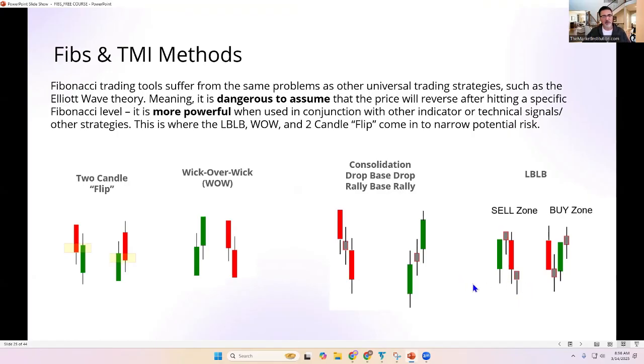When we are looking for that place to have that accurate measurement, you may need to adjust the time frame down. Here we have the 2 candle flip. We have wick over wick areas, a drop base drop or rally base rally. But if you look inside of each one of those variations, you'll find that they have the leg base group of candles.